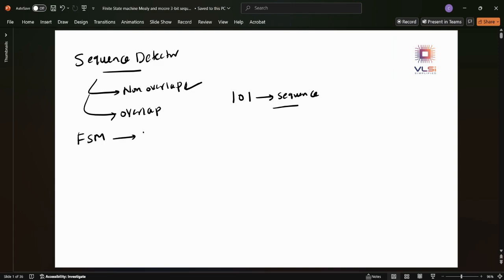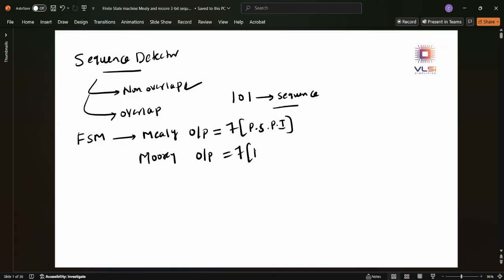In a Mealy machine, the output is a function of the present state and the present input. In Moore, the output is a function of only the present state.